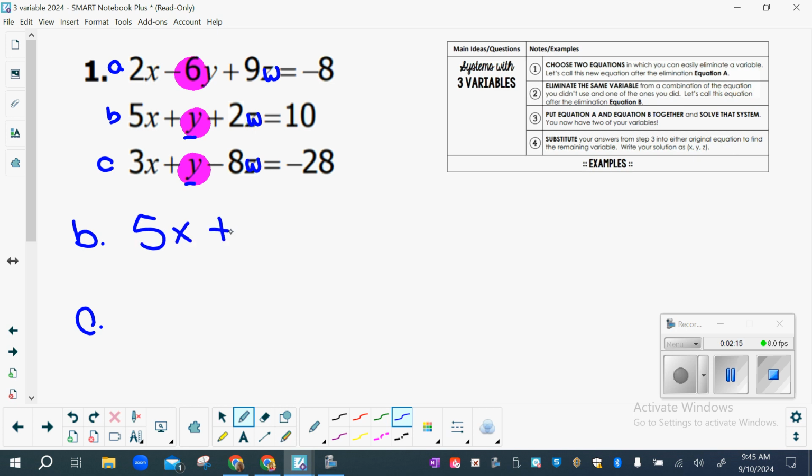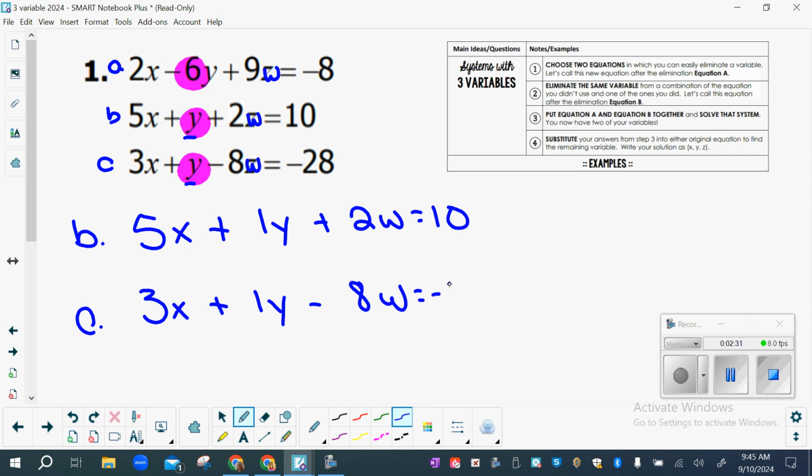5x plus, I'm going to put a 1 there because it makes me happy, plus 2w equals 10. 3x plus 1y minus 8w equals negative 28. Are we good? Now, I want to combine them together, adding, subtracting to make the y's go away, but they're both positive.